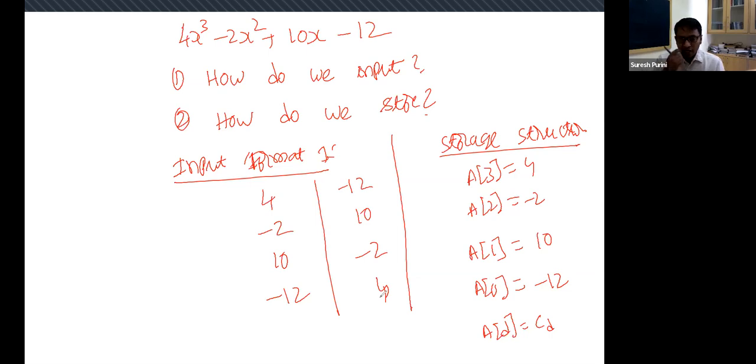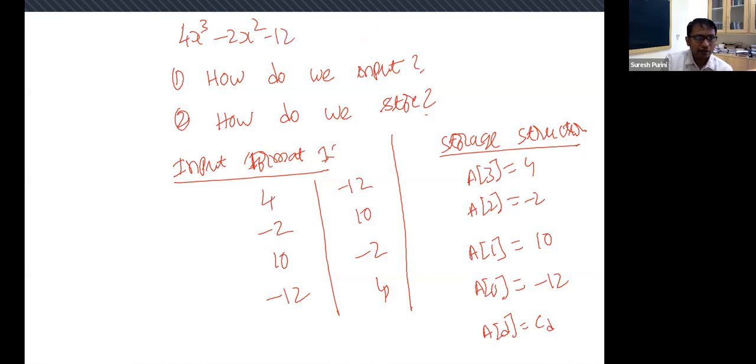So now, let's look at one more. Can you suggest one more alternate input format for a polynomial? For example, if the polynomial doesn't have a linear term in it, say the polynomial is 4x cube, this is the polynomial.